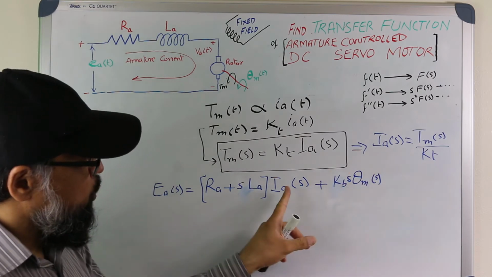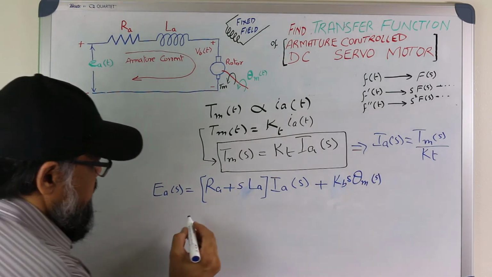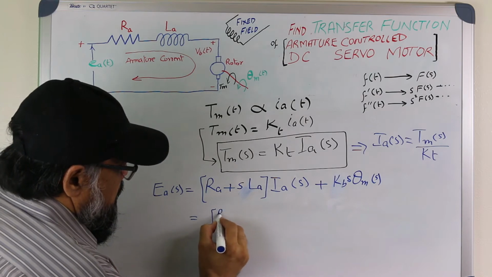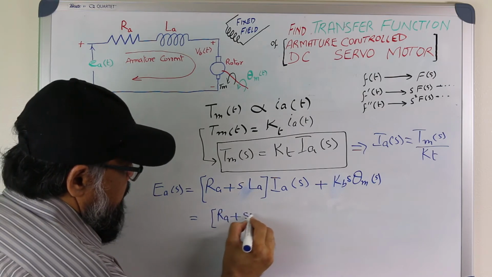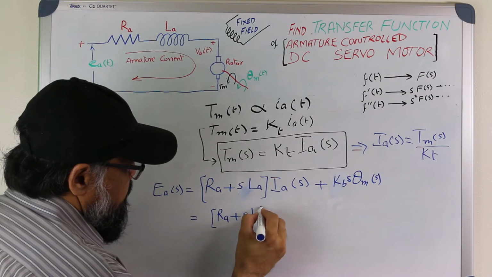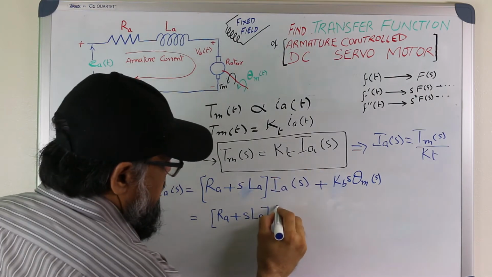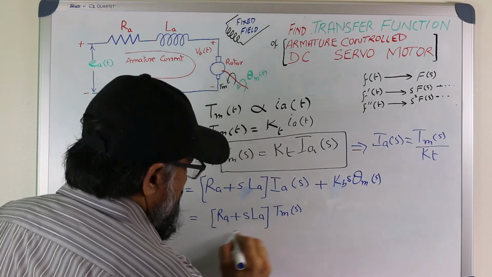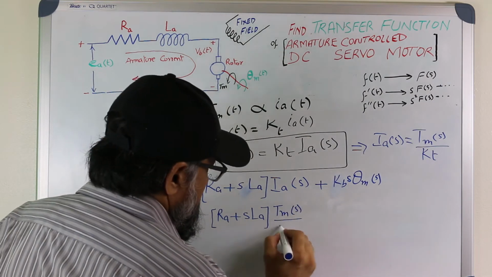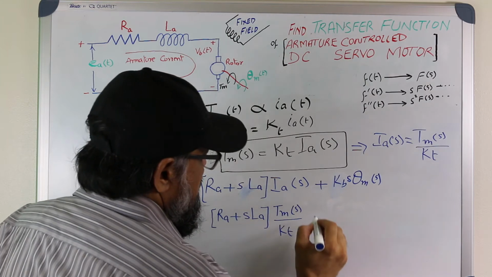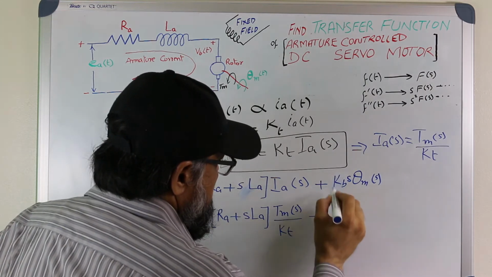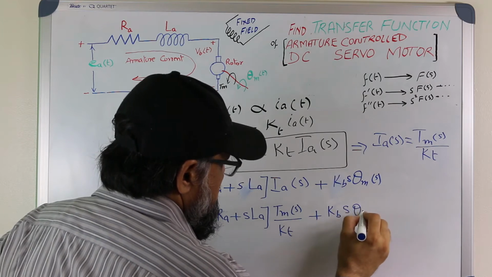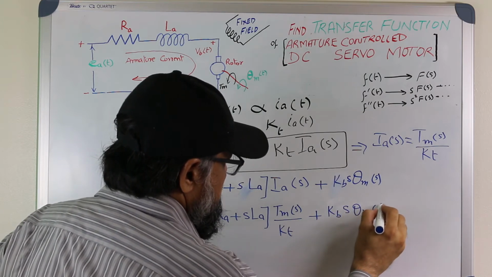So what I get equals (Ra plus sLA) Tm over Kt, plus Kb s theta M(s).